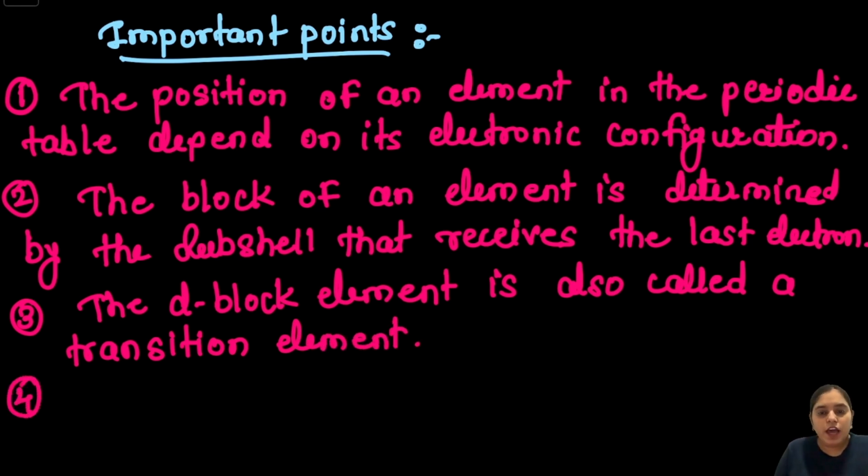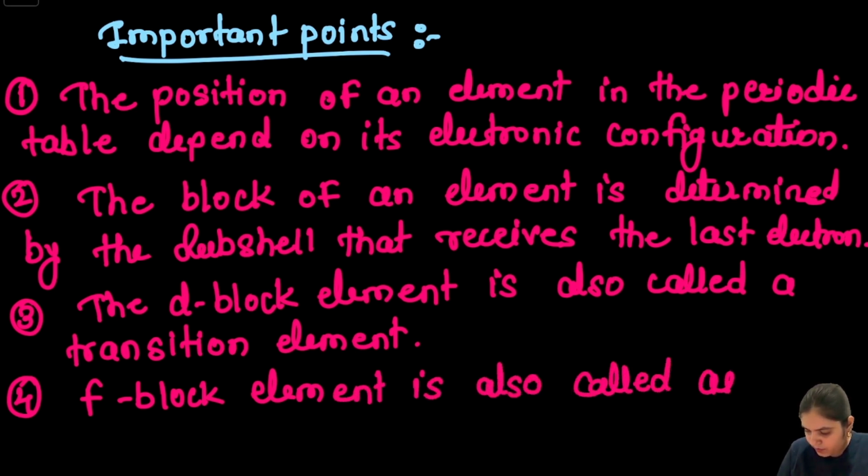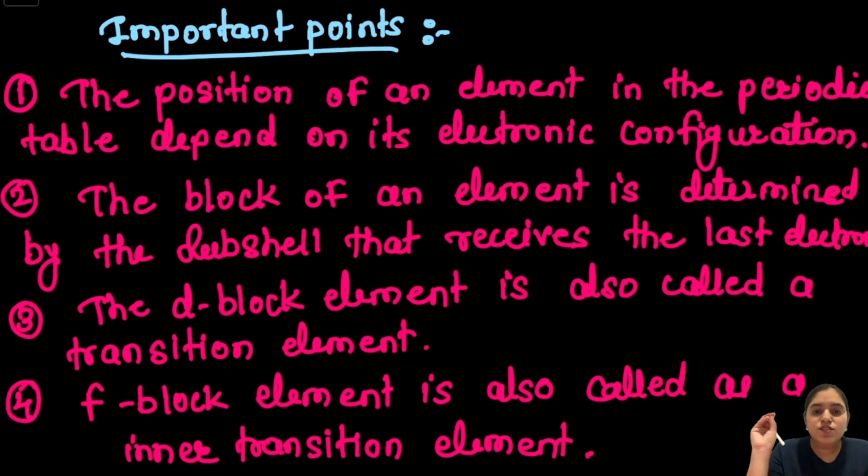Next point: F block elements are also called inner transition elements. The easiest way to identify the block of any element is to look at the subshell in which the last electron enters. Once you know that, you can immediately tell whether the element belongs to the S, P, D or F block. So these are some important points of this slide.